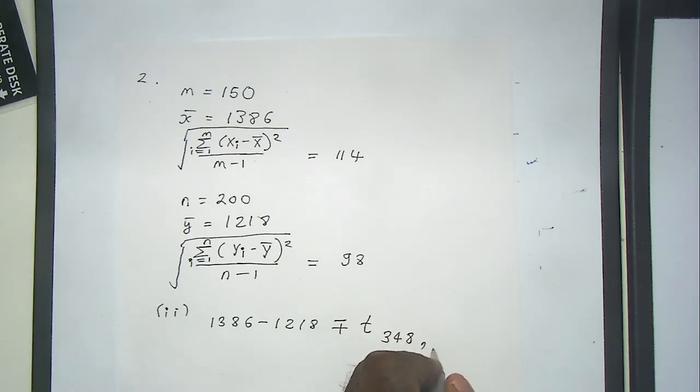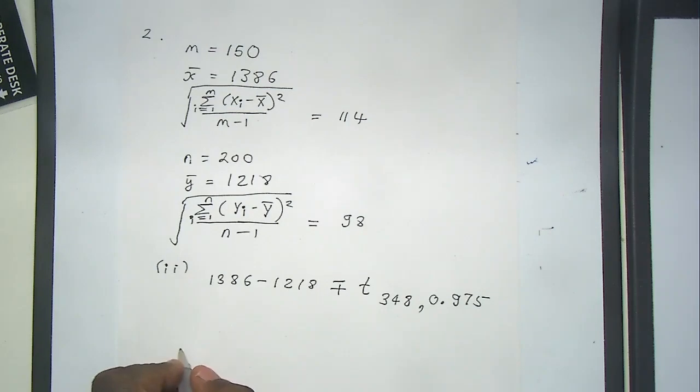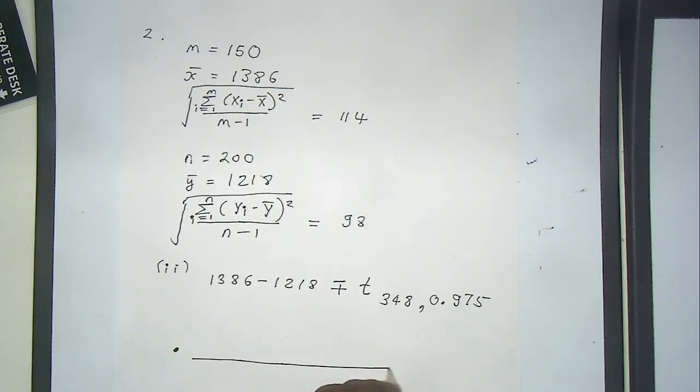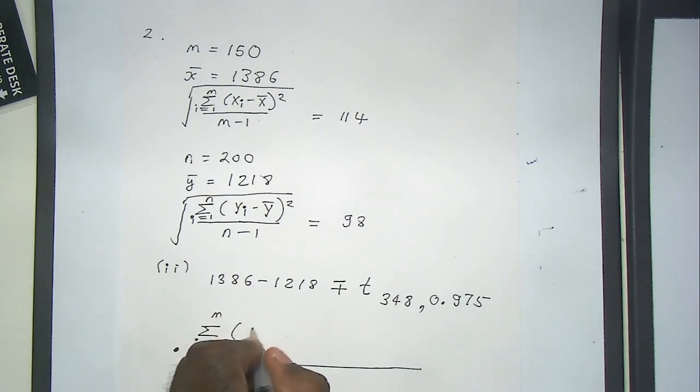Because it's a 95% confidence interval, you have 0.975. Then you need to multiply this by this expression here, which involves the sum of (xi minus x bar) squared, which is already given. I will just write it down without actually simplifying it. If you have a calculator, you can do it.